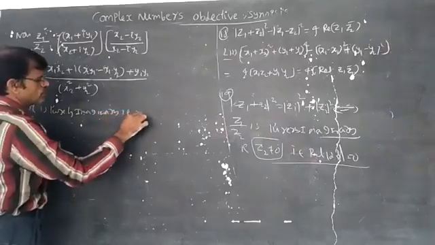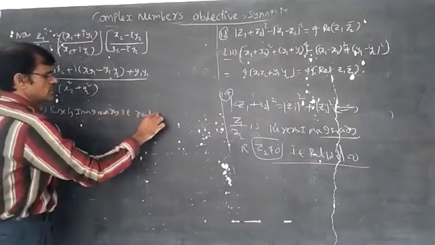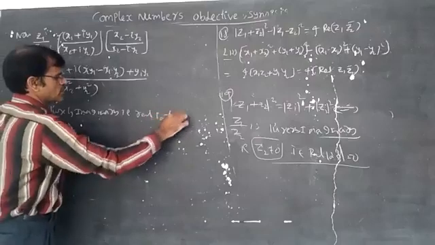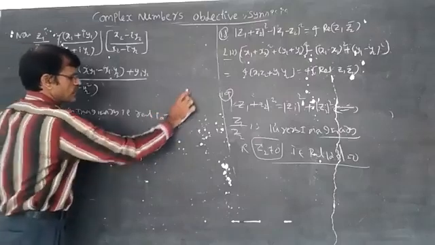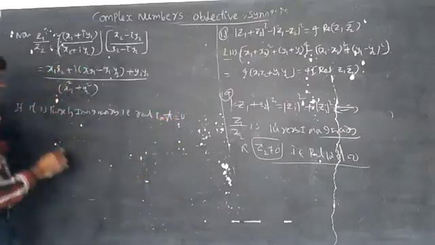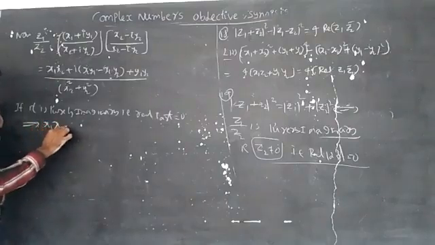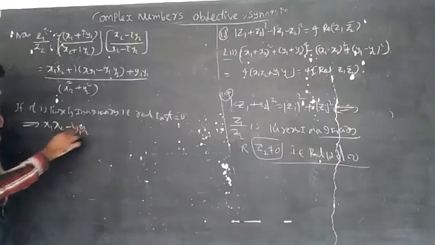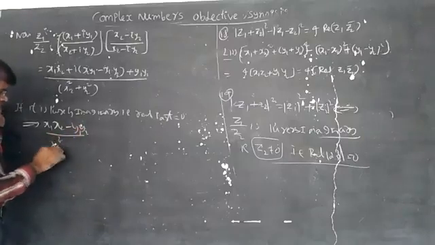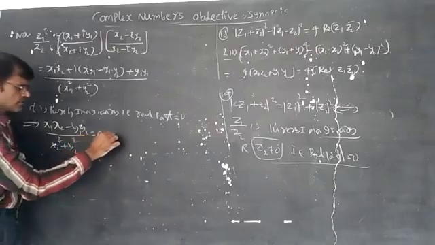that is, if the real part is equal to 0, that implies write the real part. So x1 x2 plus y1 y2 whole by x2 square plus y2 square is equal to 0.